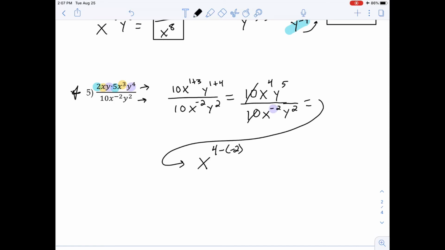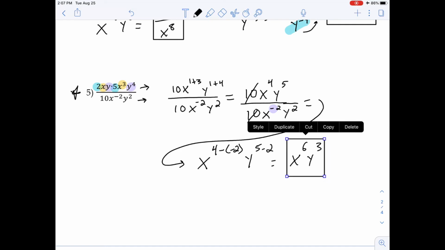So if I'm going to subtract it, it's minus a negative. And then y to the 5 minus 2. So that leaves me with x to the 6th, because 4 minus a negative 2 is 6, and then y to the 3rd. And that is completely simplified.